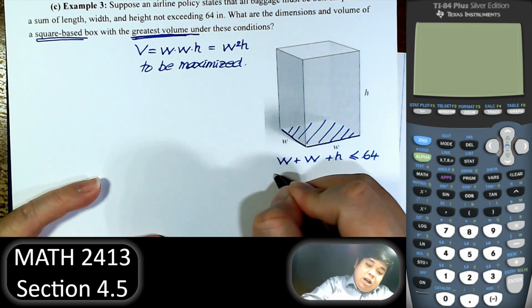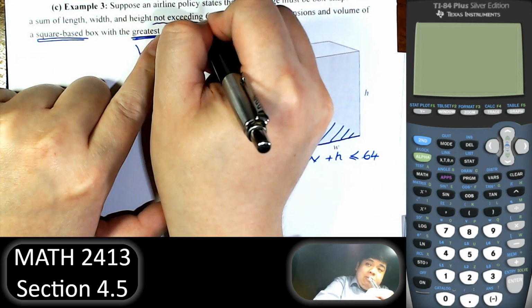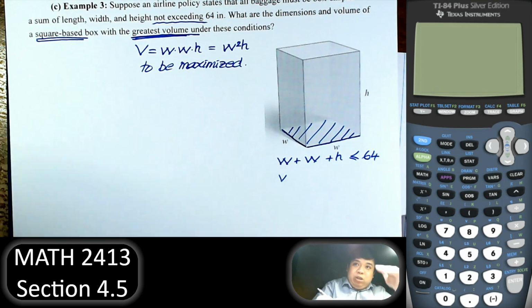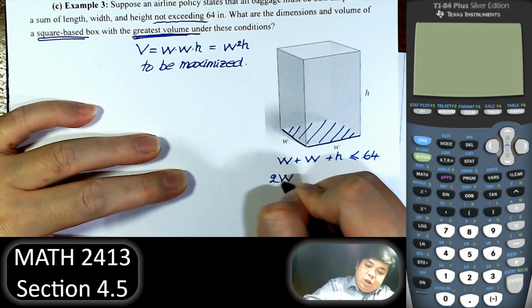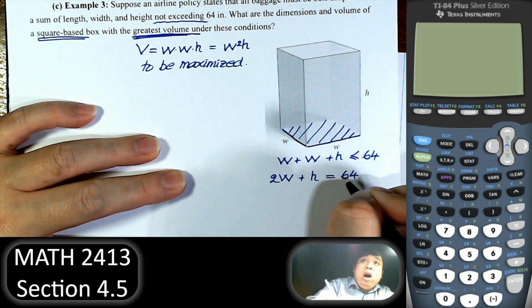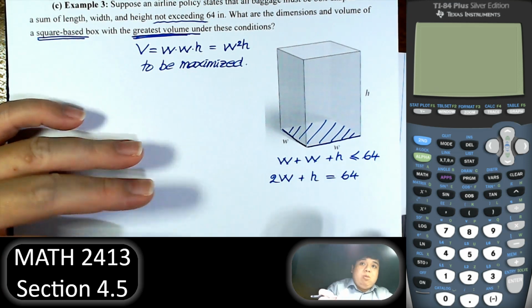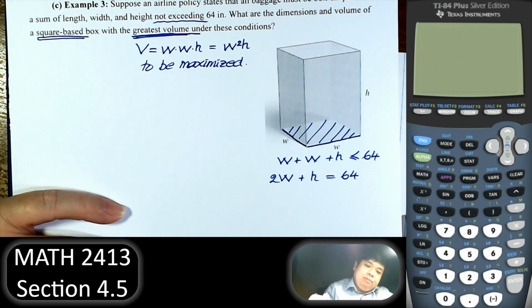So in this case, we choose that to be equal to, even though we said not exceeding, but we're pushing the boundary, we choose exactly that. So it's going to be 2W plus H equal to 64. If we want the maximum, choose the biggest possible constraint that we can have, which is right on the 64, right?